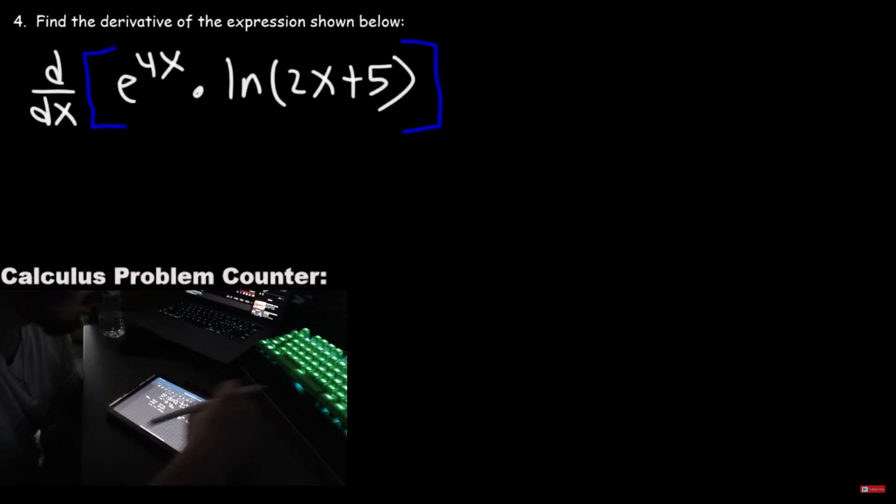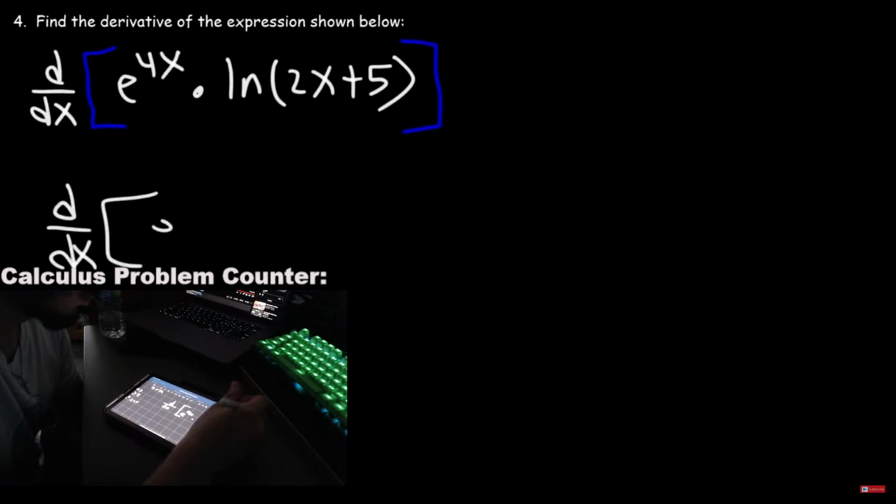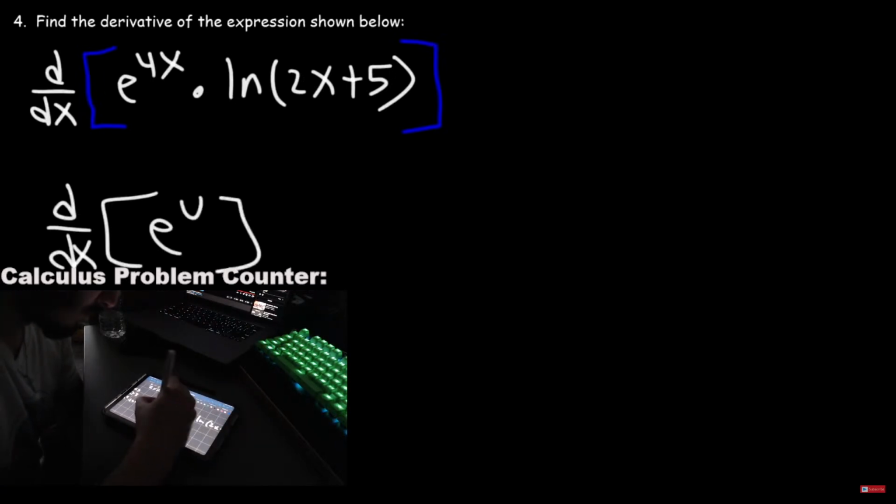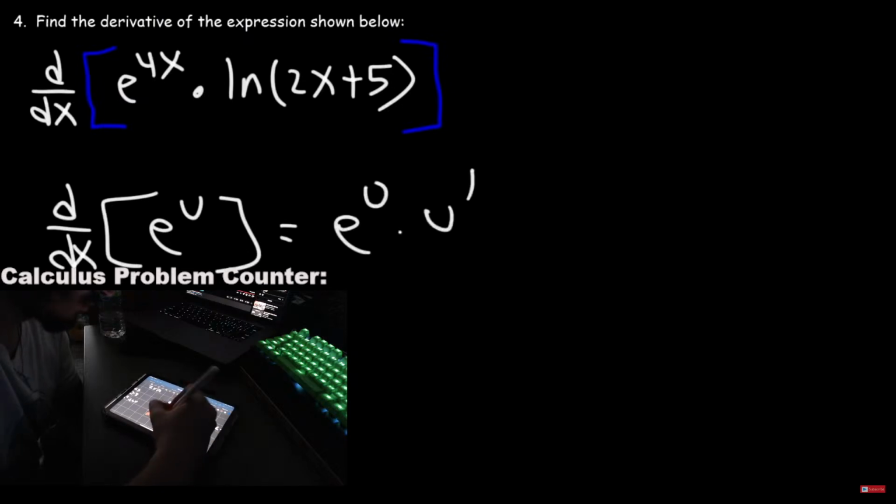product rule. So let's talk about how to find the derivative of exponential functions. The derivative of e to the u, where u is a function of x, is going to be the same thing, e to the u times u prime.